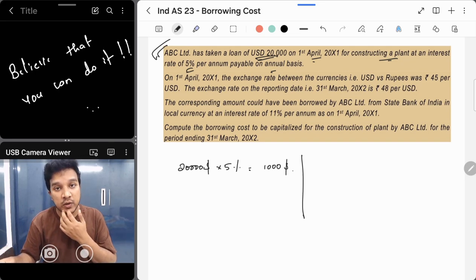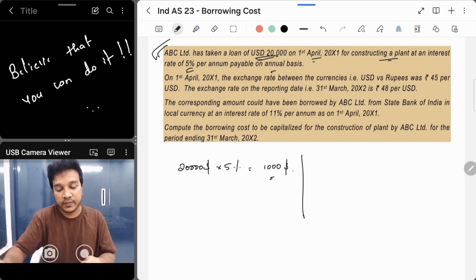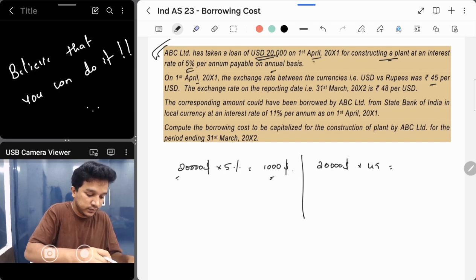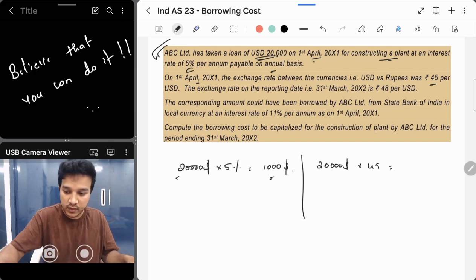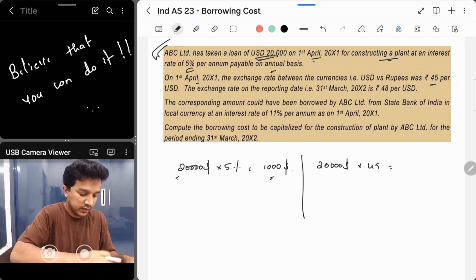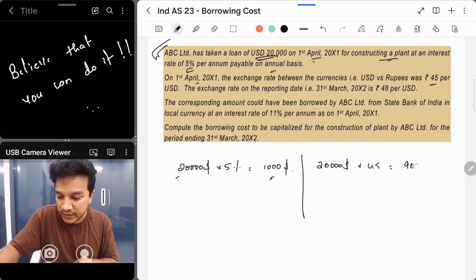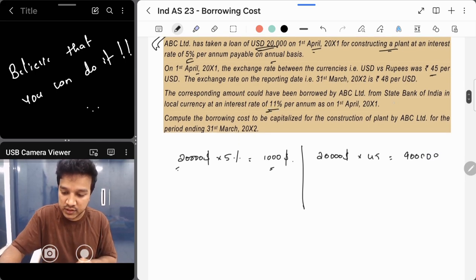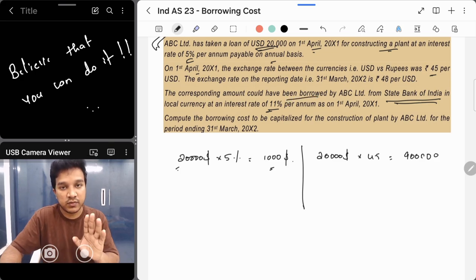जो मैं $20,000 में लोन लिया so every year $1,000 I'll have to pay. Now had he taken the loan in India only, $20,000 in India would be, at that time it is 45 on 1st April. ठीक है, on 1st April it was 45. तो कितना हो रहा है 20,000 into 45. ठीक है, तो had he taken the loan in India at 45, 20,000 into 45, which comes to 9 lakhs. ठीक है, अगर इंडिया में लिया होता तो it would be 9 lakhs. So 9 lakhs के ऊपर in India rate is 11%. ठीक है, SBI में if you are borrowed by ABC Limited from State Bank of India local currency interest rate would be 11%.